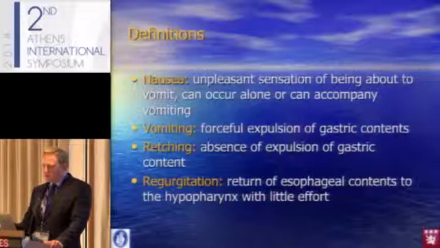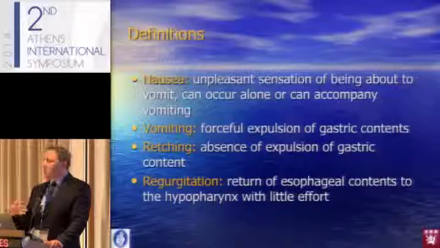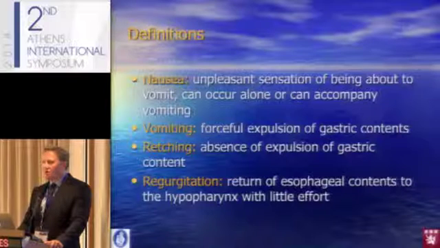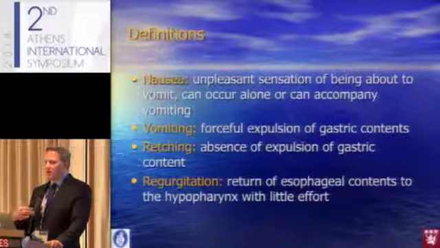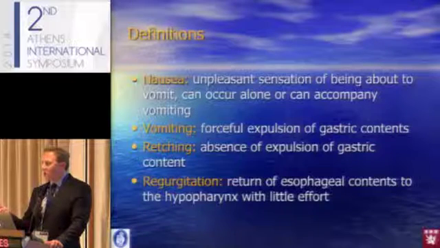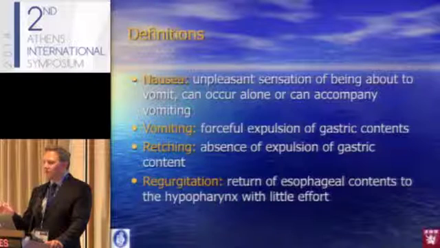Let's go over the definition of nausea and vomiting. Nausea is, as you know, the sensation that you're about to vomit. It can occur alone, but it also can occur with vomiting. Vomiting is a complex mechanism of the GI tract that results in expulsion of gastric contents. The mechanism is a contraction of the stomach muscle, relaxation of the lower esophageal sphincter, and initially constriction of the cricopharyngeal sphincter, and then relaxation as the gastric contents come out.